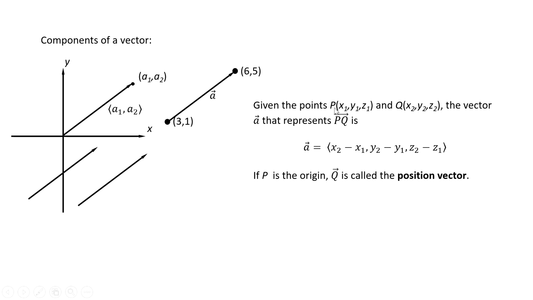If point P has x1, y1, z1 as its coordinates, and Q has x2, y2, z2 as its coordinates, then the vector going from P to Q, let's say vector A, is simply given by A is x2 minus x1, comma y2 minus y1, comma z2 minus z1. Those are the three components, the x component, the y component, and the z component of this vector A.